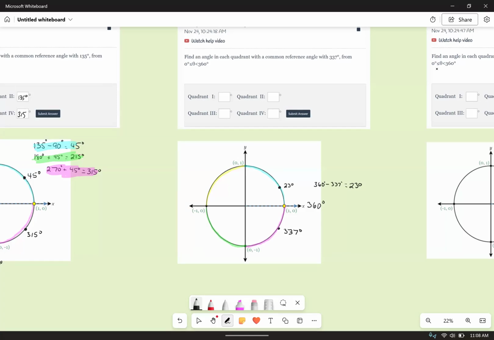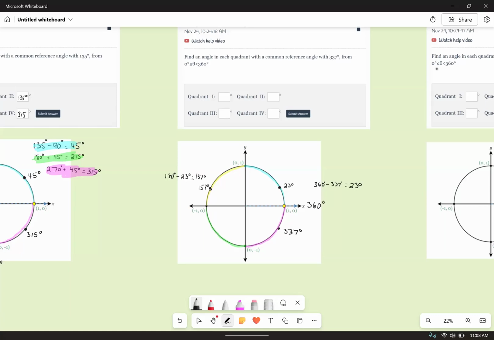And in the original one, we were 23 degrees below the axis. Now, for quadrant 2, we can do 180 minus that 23 degrees, and that's going to be 157 degrees.